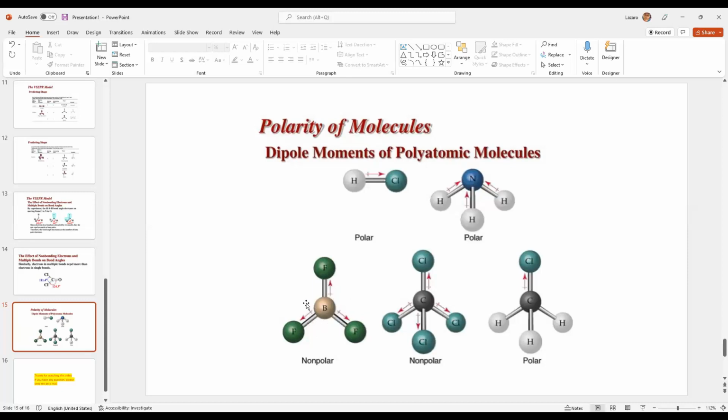The sum of the three dipole moments is 0. So the molecule is non-polar. In this case, the same happens. The molecule is non-polar. But if one of the dipole moments is different, then the molecule is polar.